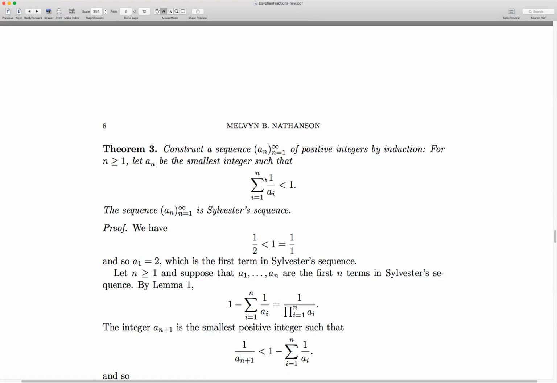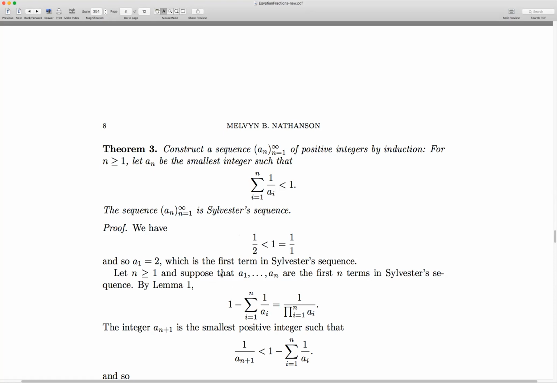So this is an under-approximation of 1 by Egyptian fractions. So you're using the greedy algorithm, but not exactly Fibonacci's greedy algorithm, or maybe it is exactly Fibonacci's greedy algorithm, but you never want to hit your number. You never want to get to 1. So of course, what's the largest Egyptian fraction less than 1? It's a half. So the first number you pick, A1, is 2, which is the first term in Sylvester's sequence.